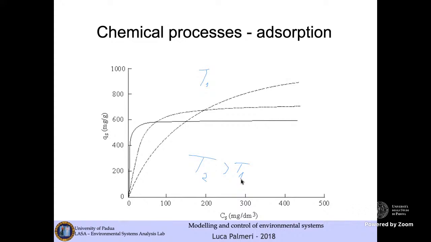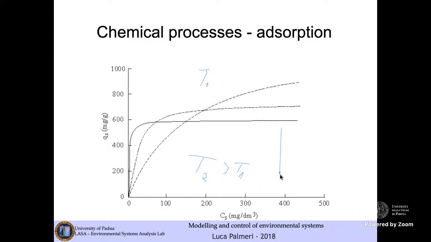There are several ways of answering this question. In particular, you may recall that if the temperature increases, the concentration of the solid phase tends to decrease, so you may imagine that all these curves tend to move downward.